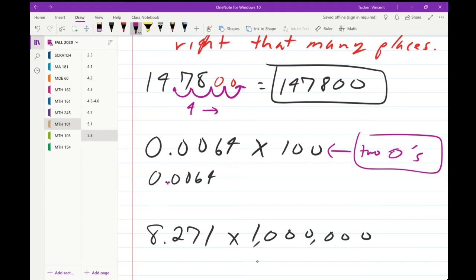So we take that decimal two places to the right. That would be 0.64.